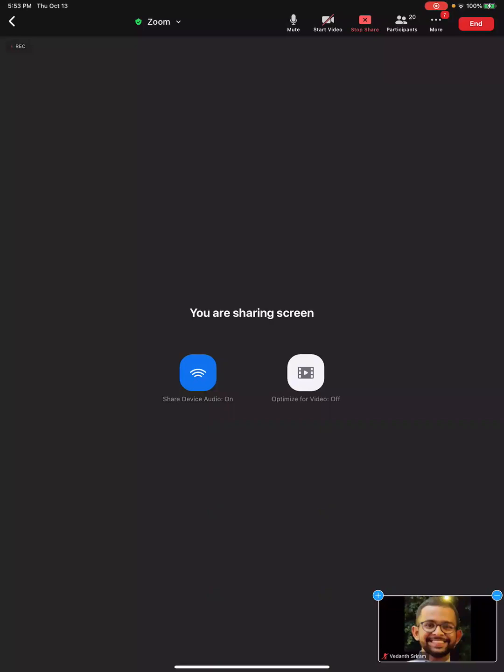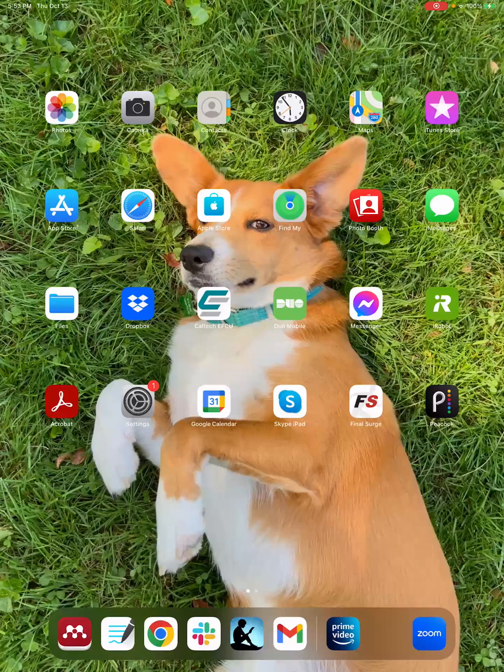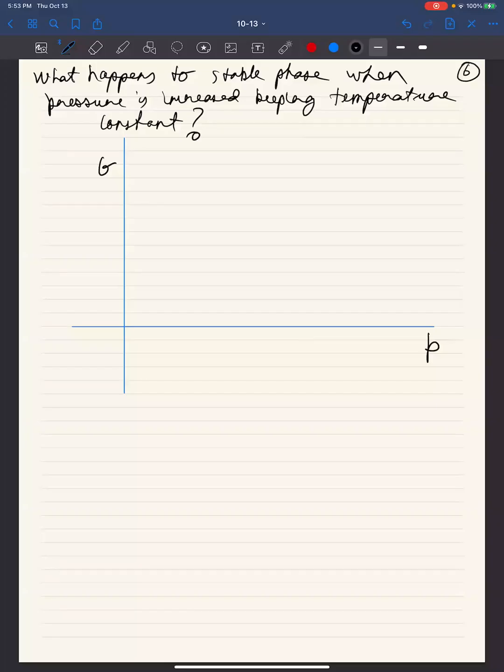Sorry, the screen was hanging. Okay. Everyone sees my screen? It's still black. There is a terrible lag. Okay. Good thing this is the last class on Zoom. I will be back after this fully. Okay. People see my empty plot with G versus P?